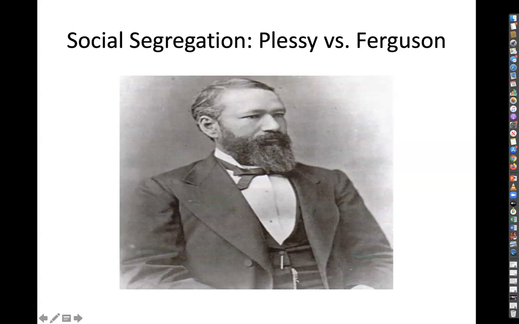And here is what the Supreme Court basically said. Basically, they sided with Southern segregation laws, the state laws. One aspect of it was that the federal court, the Supreme Court, could not intervene in the Southern court cases, specifically relating to race.